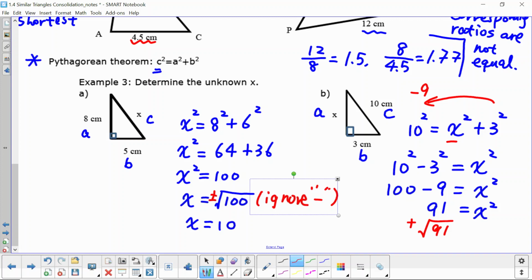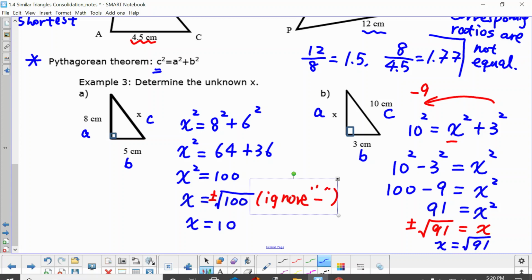Then you have positive, negative at the front. So always when you square root something, you should have positive, negative as your solution. Then we ignore the negative, and you will have x equals square root of 91.